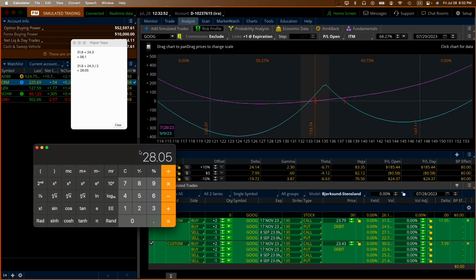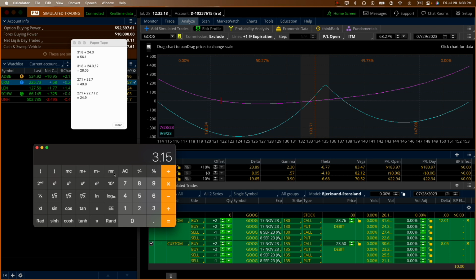And then we're going to do the same for the front month, 27.1 plus 22.7 divided by 2, 24, and then subtract that from memory, and then memory recall, 3.15, very close. Let's see if the 135 is better. Okay, 3.15 is very borderline, okay?